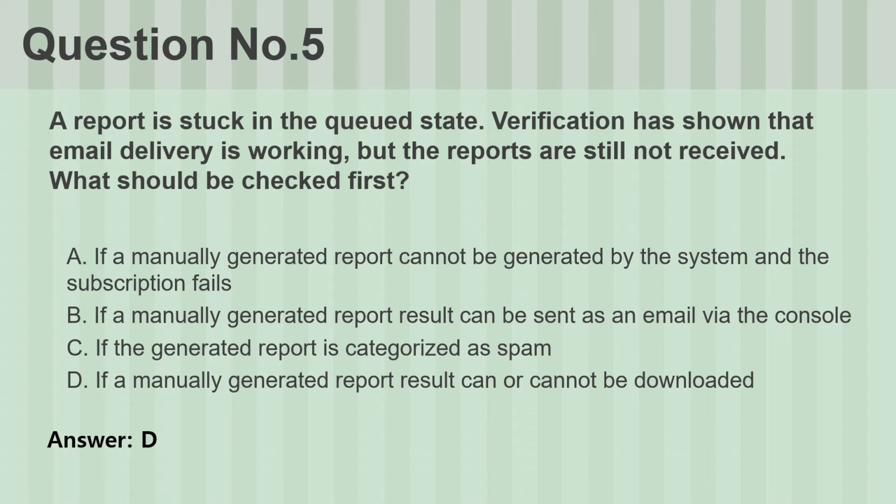B. If a manually generated report result can be sent as an email via the console. C. If the generated report is categorized as spam. D. If a manually generated report result can or cannot be downloaded. Answer D.